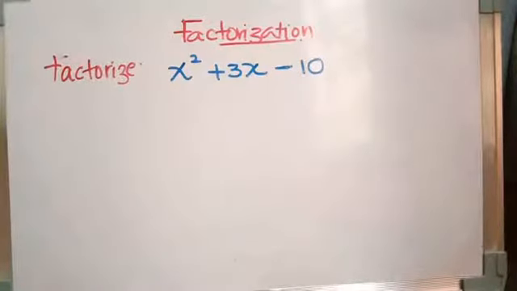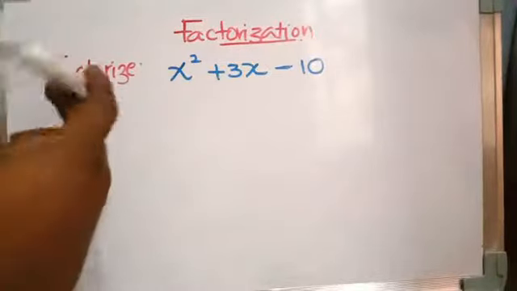Okay, let's check this question now. Factorize x squared plus 3x minus 10. See here, which term is negative? Yes, the last term is negative. So let's write the sum and the product.